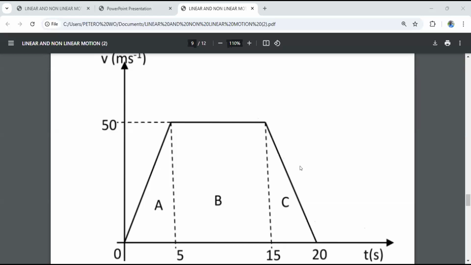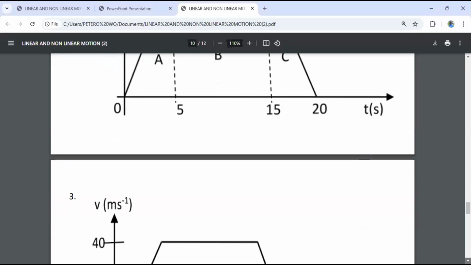Okay, we have our distance as 750 and our average velocity as 37.5 meters per second. Let us try out this other one.